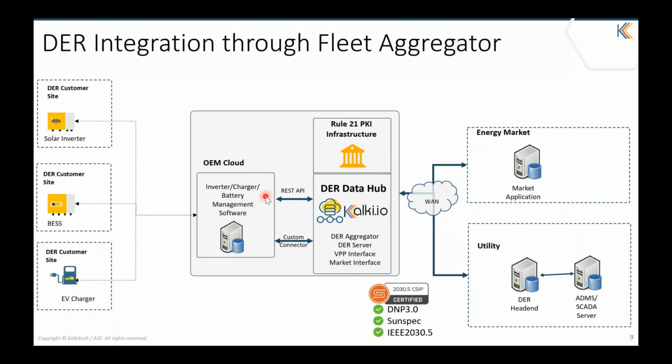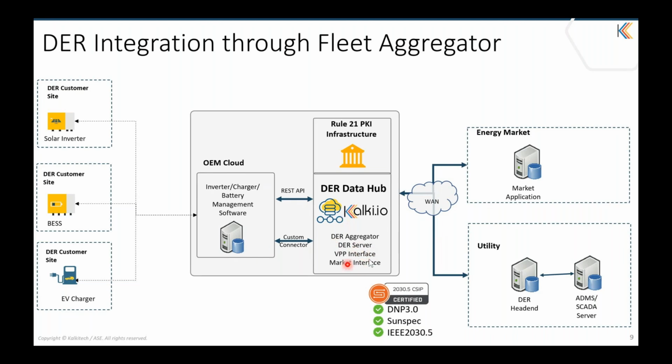It could be a battery or inverter management system, or cloud-based software provided by the OEMs, and the data collected from the field devices on proprietary or native protocols can be exchanged with the aggregator on REST APIs, or any custom connectors can be used to integrate with the fleet aggregator and the utility 2030.5 aggregator.